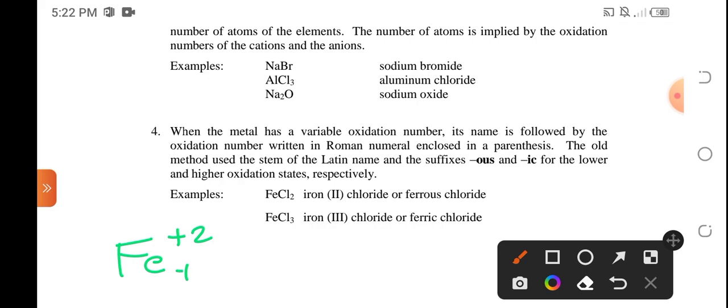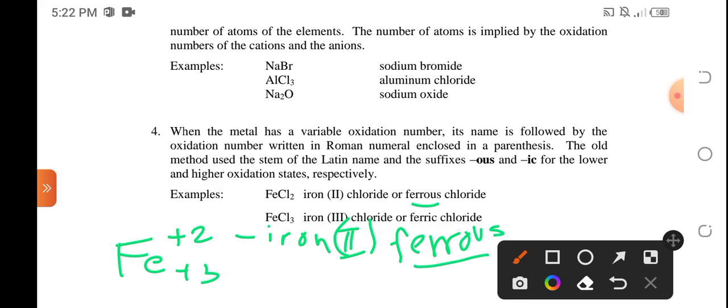It's either +2 and +3. Iron +2 could be named as iron 2 with a Roman numeral enclosed in a parenthesis or ferrous. Paano naging ferrous? Kasi ang Latin name ng iron is ferrum. Ferrum. But we are dropping the UM, and change it with OUS. So therefore, that would be ferrous.